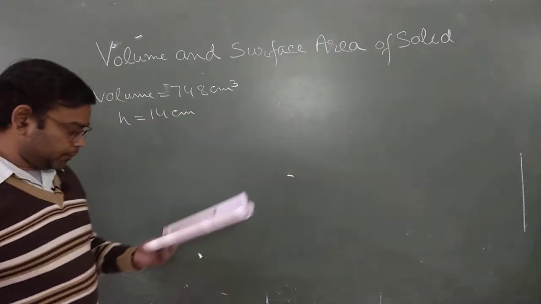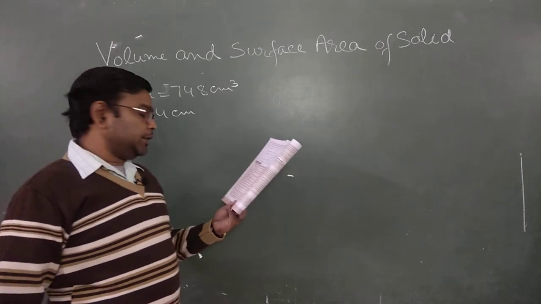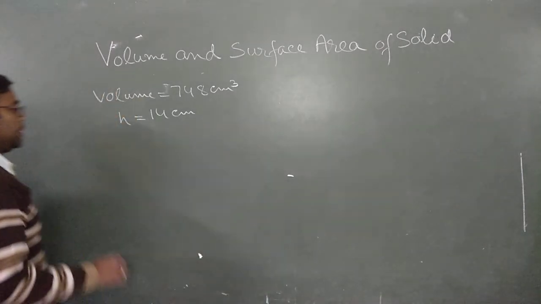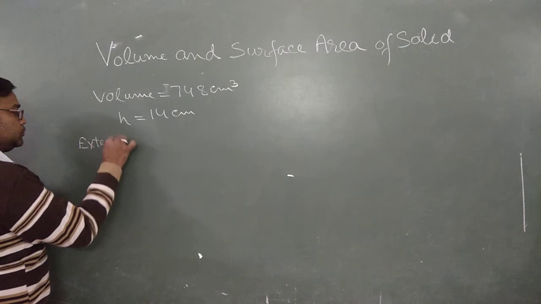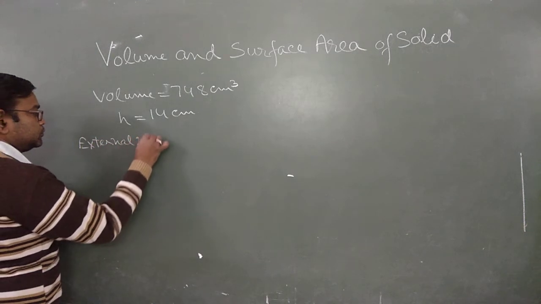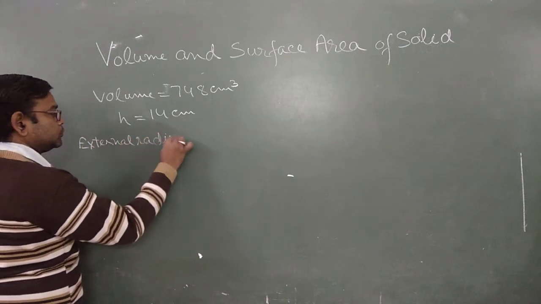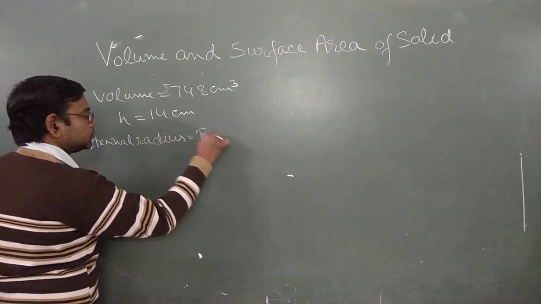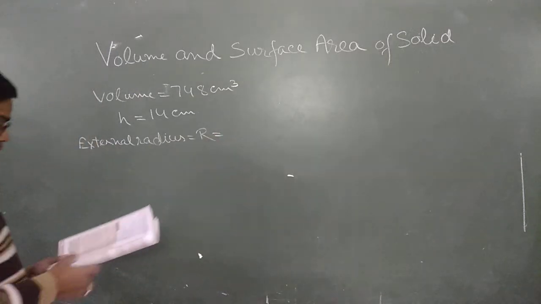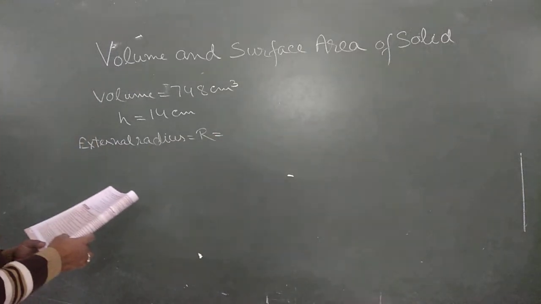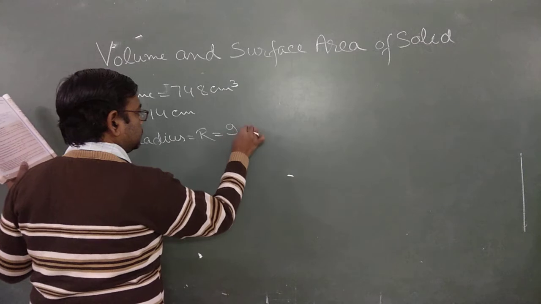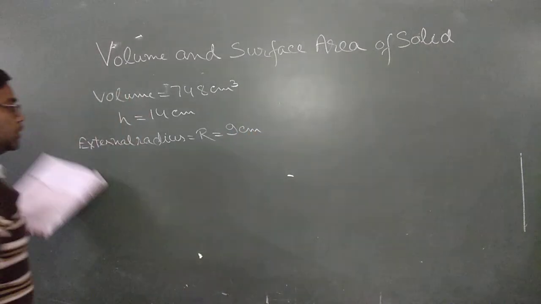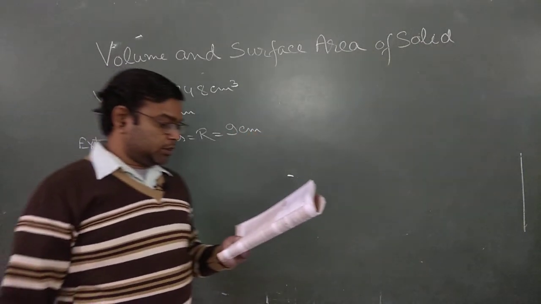Length means height, H is 14 centimeter. Clear? The external radius, capital R, is 9 centimeter.